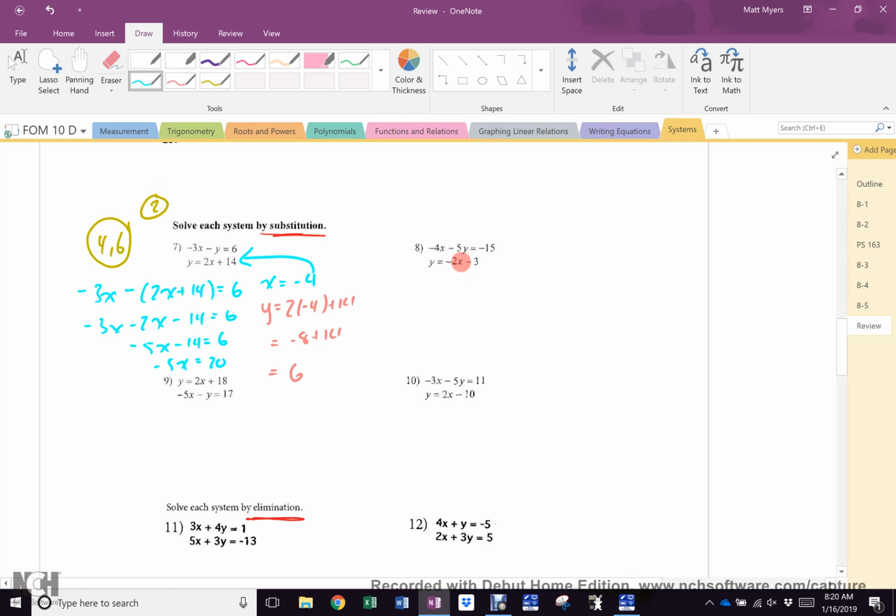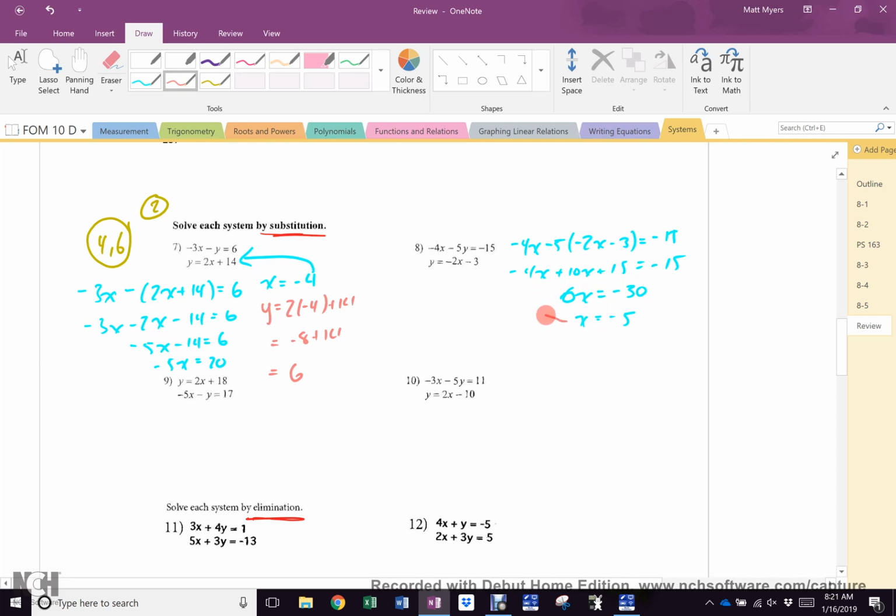Over to here, again, it's nicely set up for you. -4x minus 5 times -2x minus 3 equals -15. -4x plus 10x plus 15 equals -15. -6x equals -30. X equals -5.